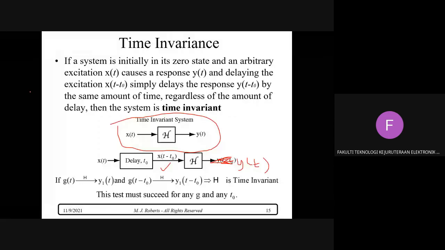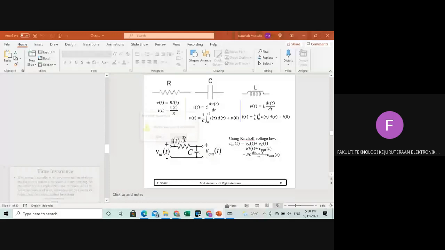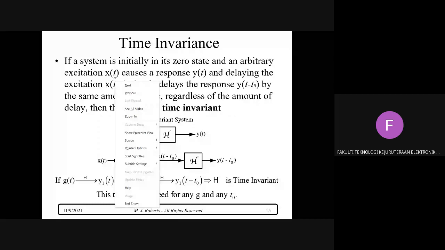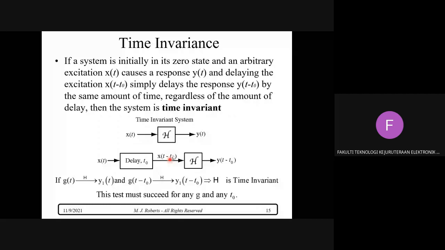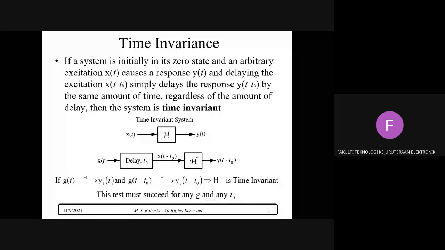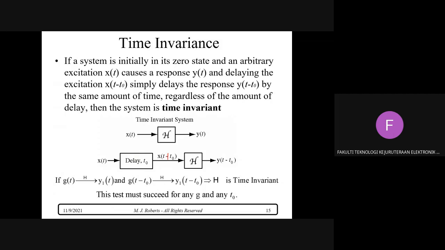Okay, if the input is advanced instead of t minus t naught, let's say you have t plus t naught, then the output also has t plus t naught.